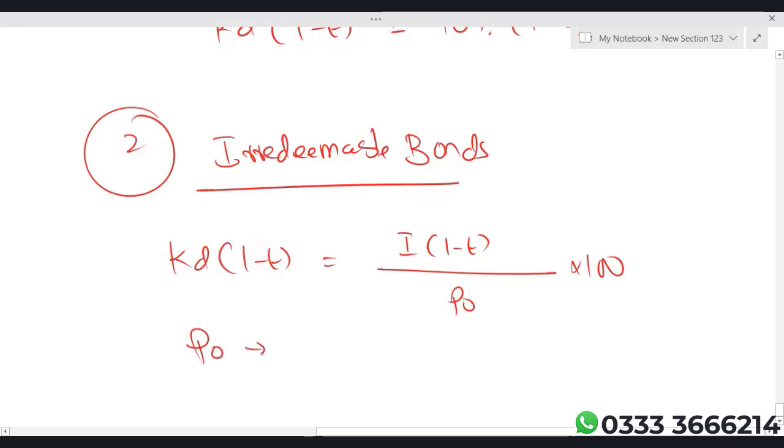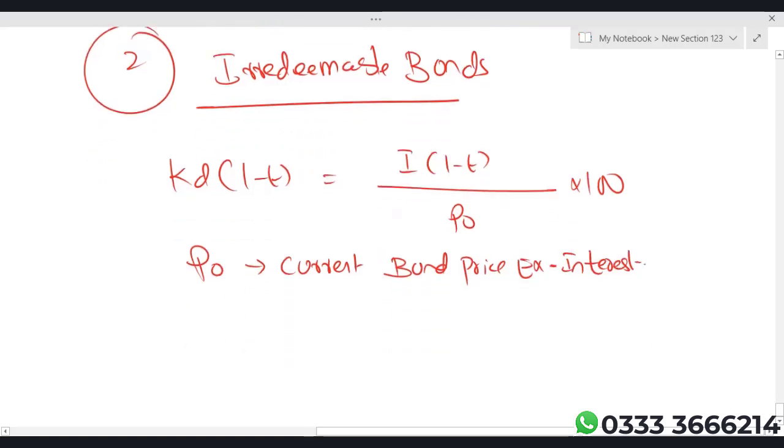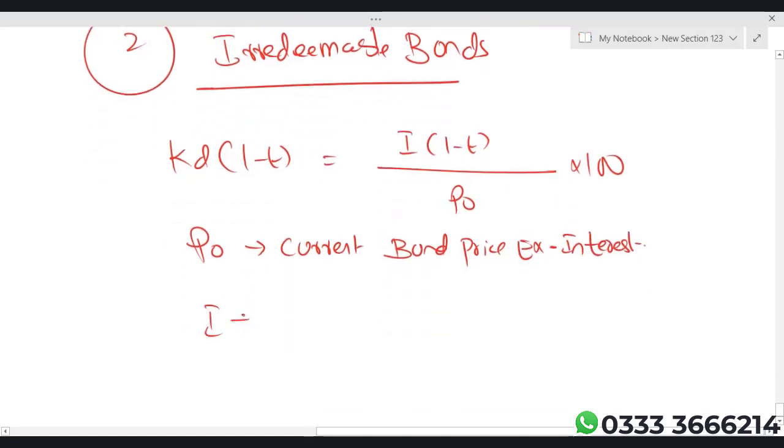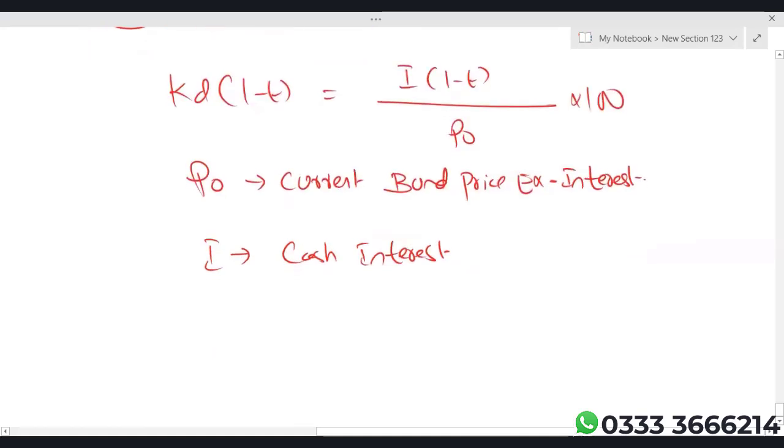P naught is the current bond price ex interest. I is the cash interest. Cash interest is always paid on par value. If par value is not given, we always assume par value is 100. T is obviously the tax rate.